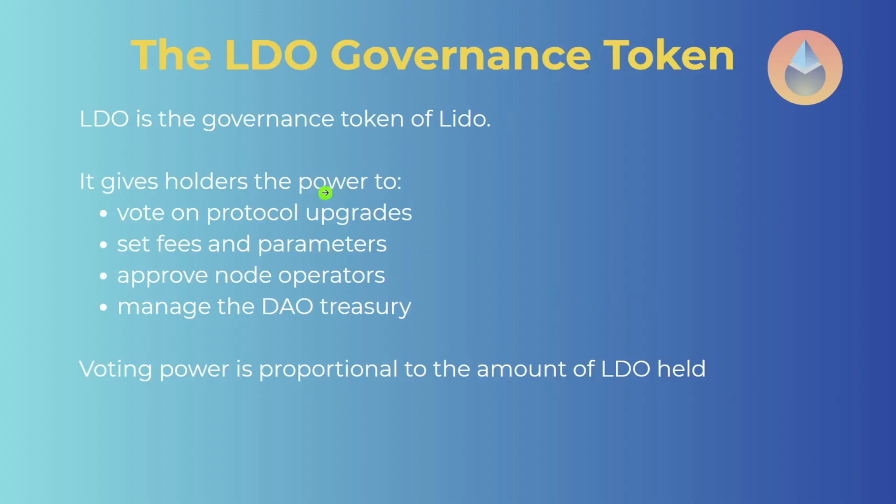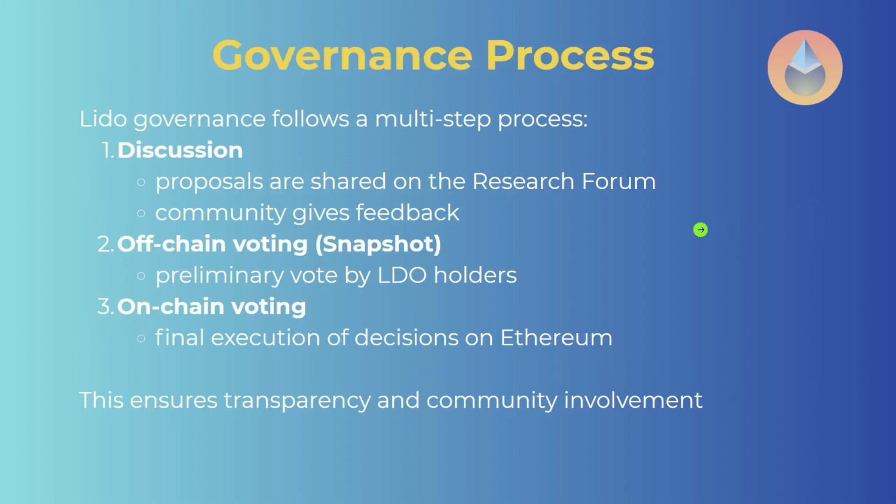So let's talk about this LDO governance token. It gives holders the power to vote on protocol upgrades, set fees and parameters, approve node operators, and manage the DAO treasury. Voting power is proportional to the amount of LDO tokens that we have.